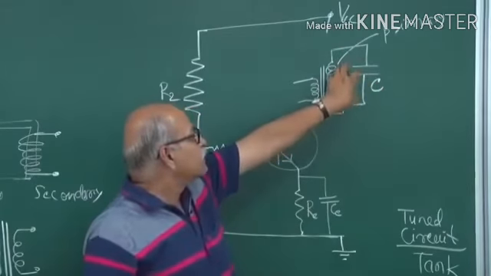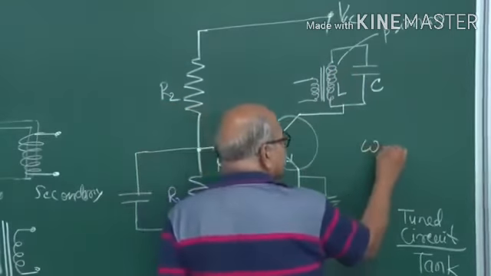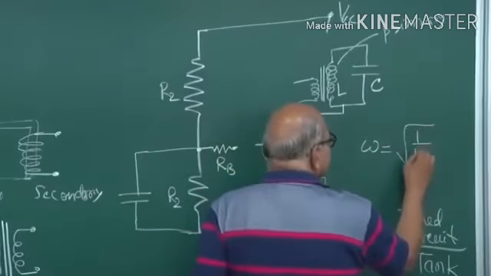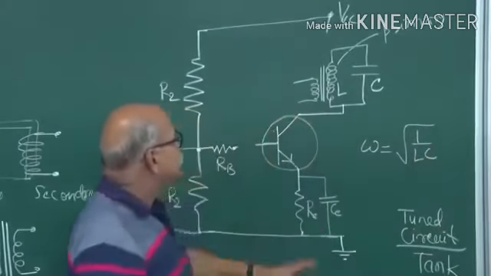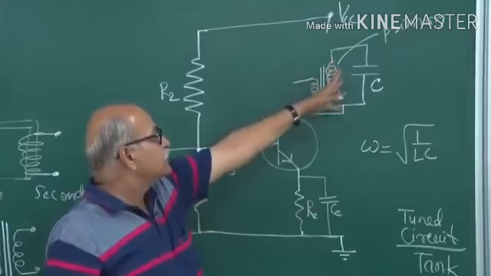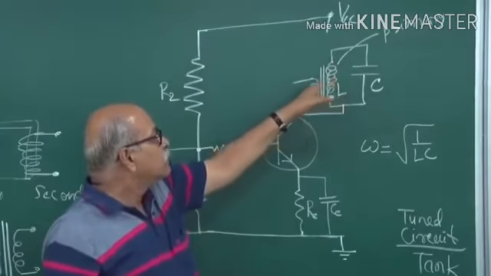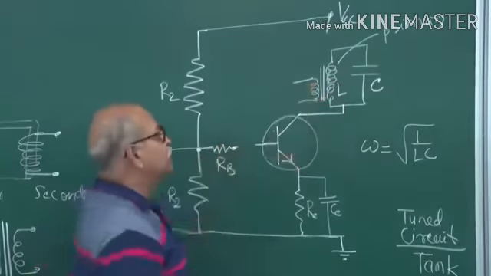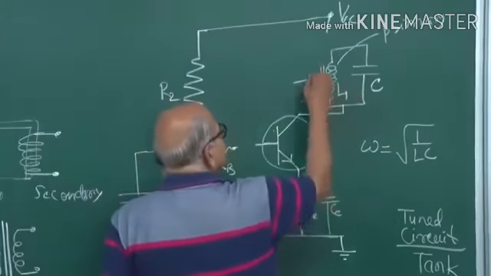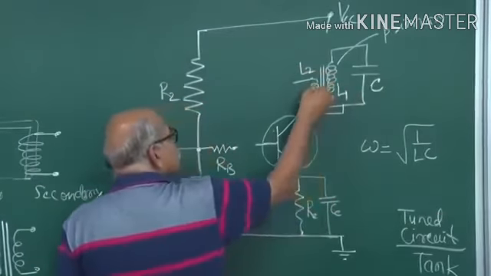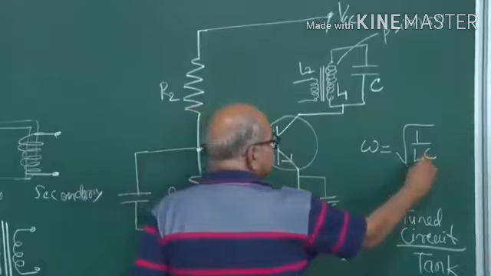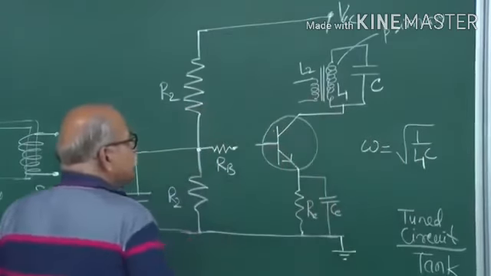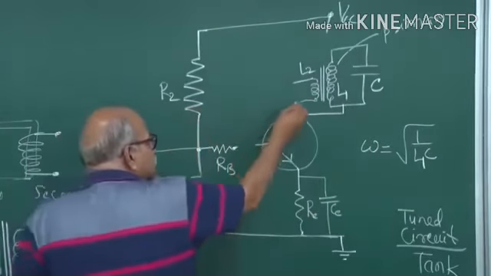It will oscillate at a particular frequency, resonance at this particular frequency, and whatever voltage is generated is coupled to this second coil. If you call this L1, this is L2, so it is coupled to this secondary, and this we are bringing back here.